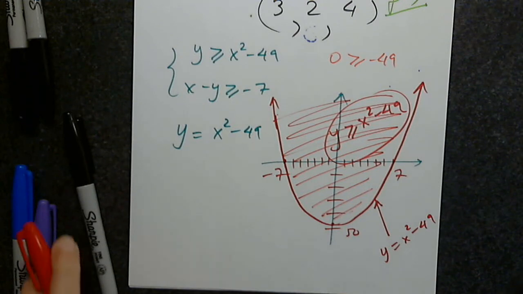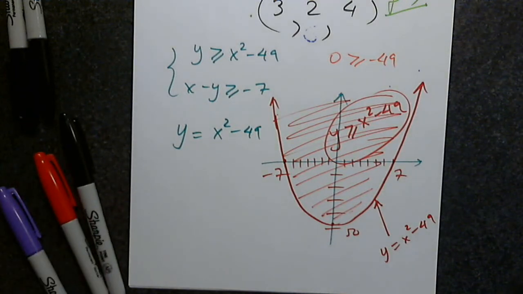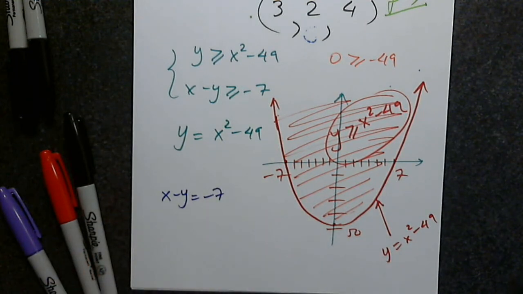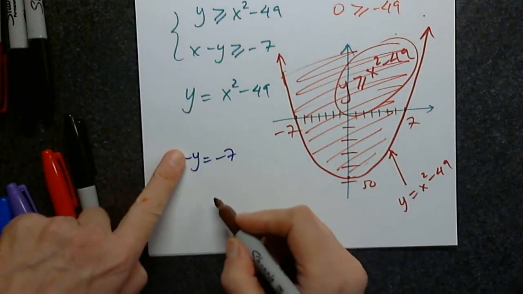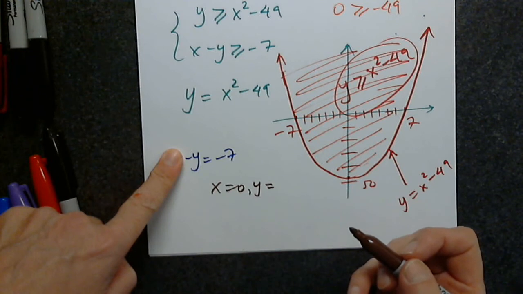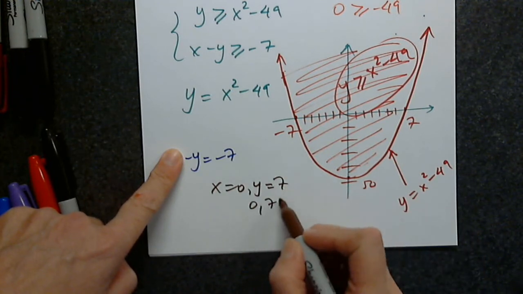Okay. Now I continue with the equation x minus y equals -7. And this is a line, not a quadratic function. So then when x is 0, I cover it. I get y equals 7. Good. So then 0, 7.